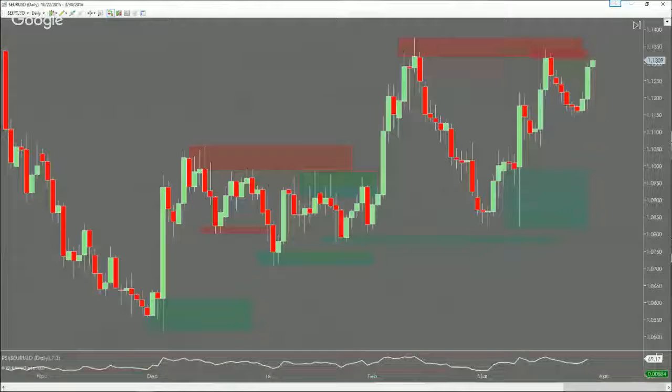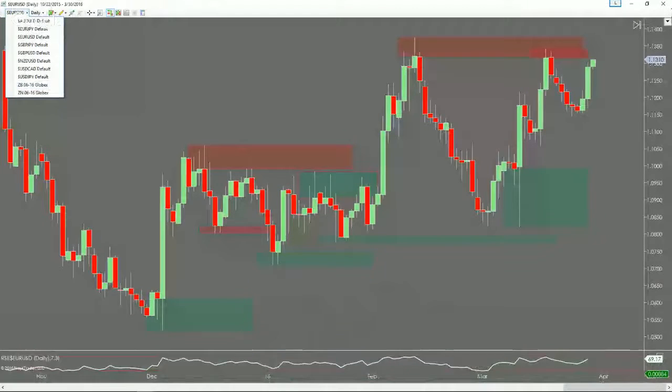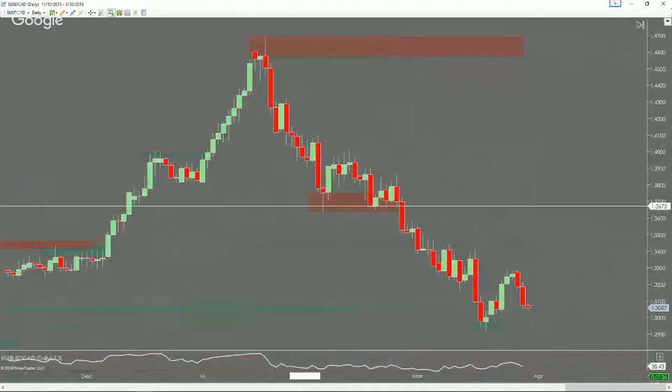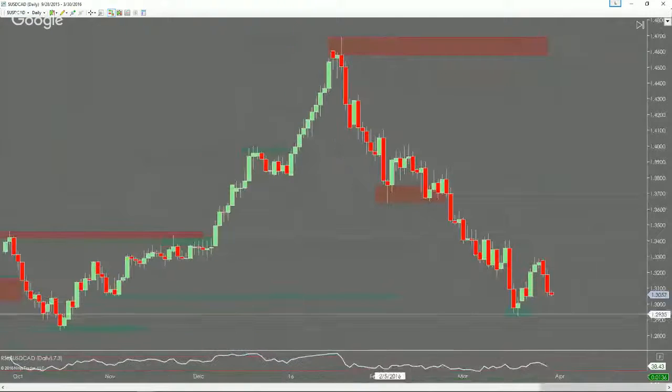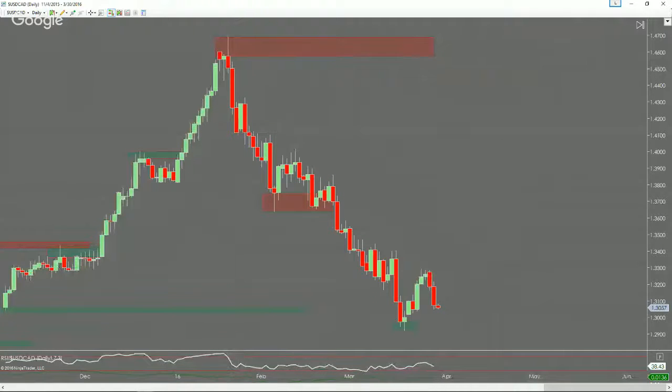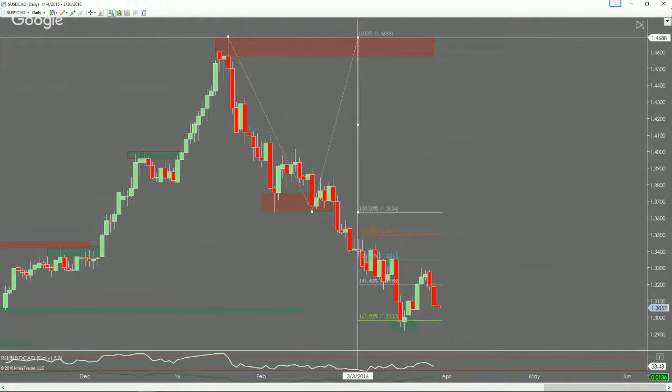So let's go to dollar Canada. Okay. Dollar Canada, we're moving back down to that previous support level. This level right here is actually also an extension of this move right here. I believe that's a 1618 extension.